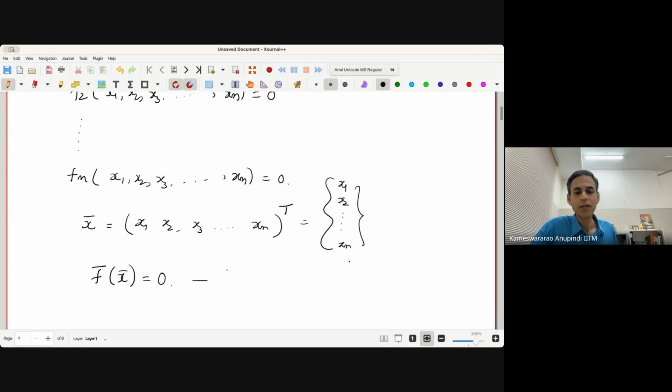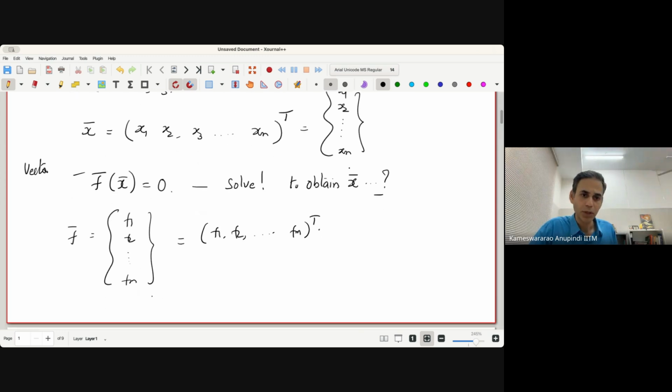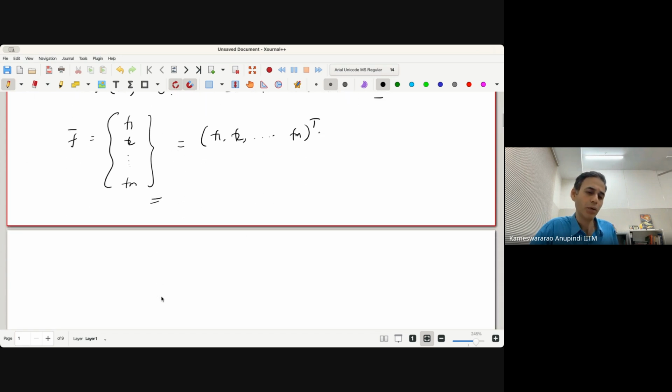This is the equation we are trying to solve, to obtain x bar such that f bar of x bar equal to 0. Here by bar we mean that we are looking at a vector of several values. My f bar is equal to f1, f2, f3 all the way to fn. If you want to write it as a row vector, it's going to be f1, f2 all the way to fn transpose, because these are all column vectors. That is the problem we are trying to solve.